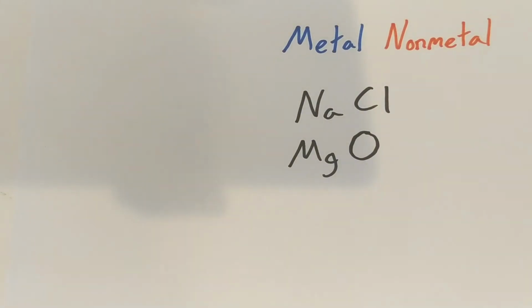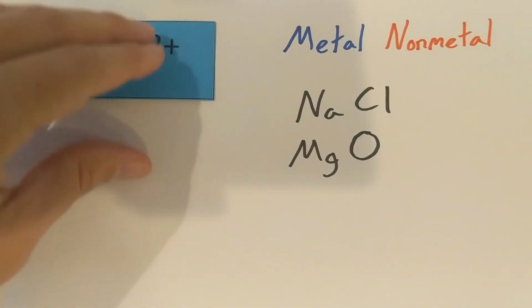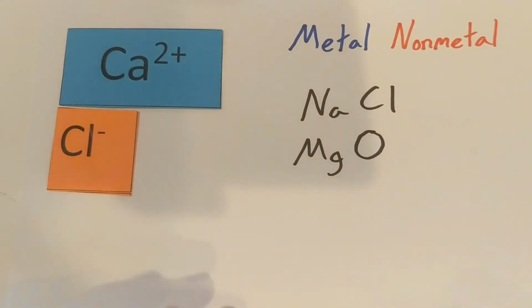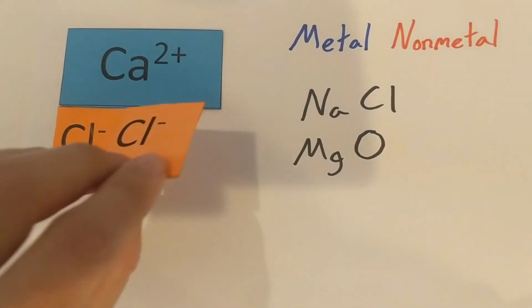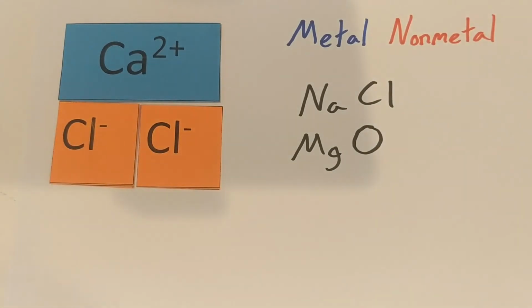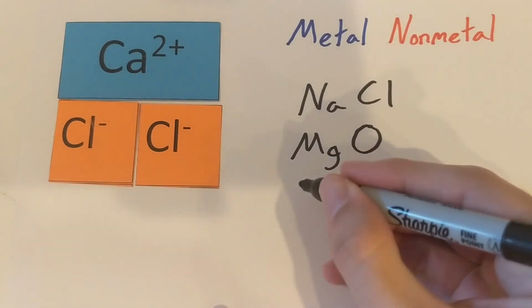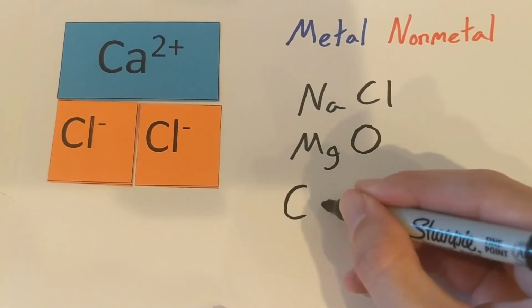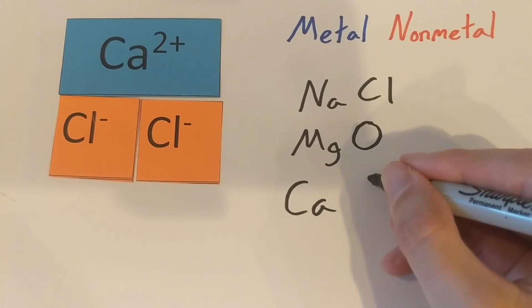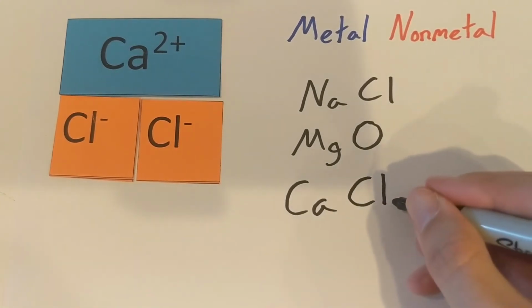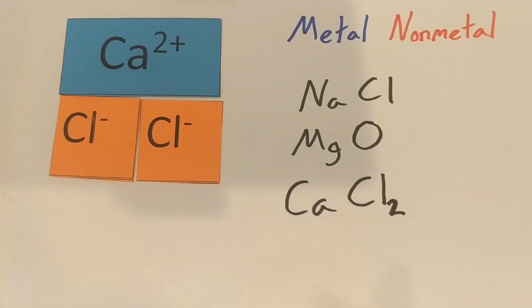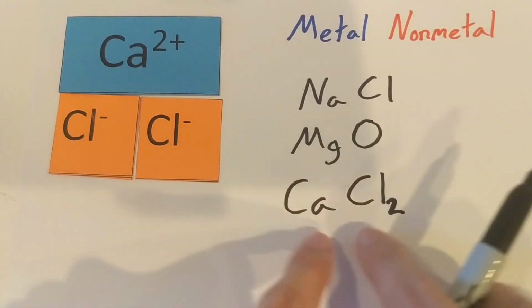Now, for examples in which I have different amounts, so when I had calcium and my chloride ion, if you remember, I needed 2 chloride ions to balance the charge out. So this one will be a little different, so I have to write that 2 somehow. So I have 1 calcium, so I write that the same way, my metal first. And then to show that I have 2 chloride ions, I write chloride and a subscript 2. So that 2 tells me how many I have in this ionic bond.